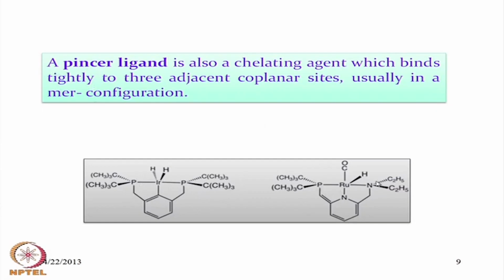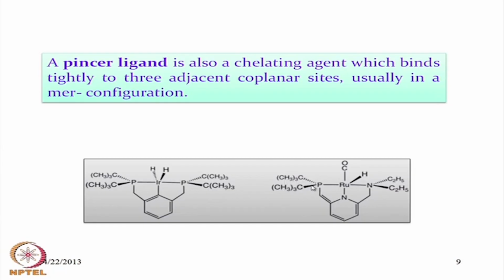This is another pincer type of ligand. Like our terpyridine ligand, which we have seen earlier, that had one pyridine here, a second pyridine here and a third pyridine here. Instead of that, now we can have, in the two ortho positions of the pyridine ring, one as the phosphine donor and another as the nitrogen donor. So, an NN diethyl donor from the right hand side and a phosphine donor with tertiary butyl groups, which are bulky groups.